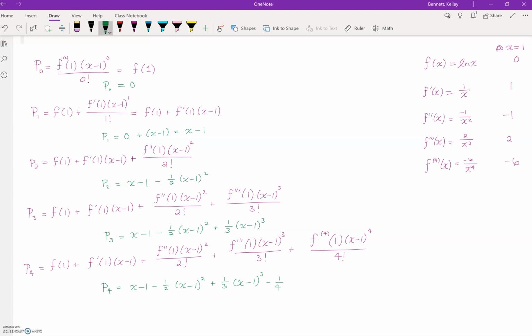And then I still have x minus 1 to the 4th. So these are all our various degrees of Taylor approximations centered at x equals 1 for the given function natural log of x.